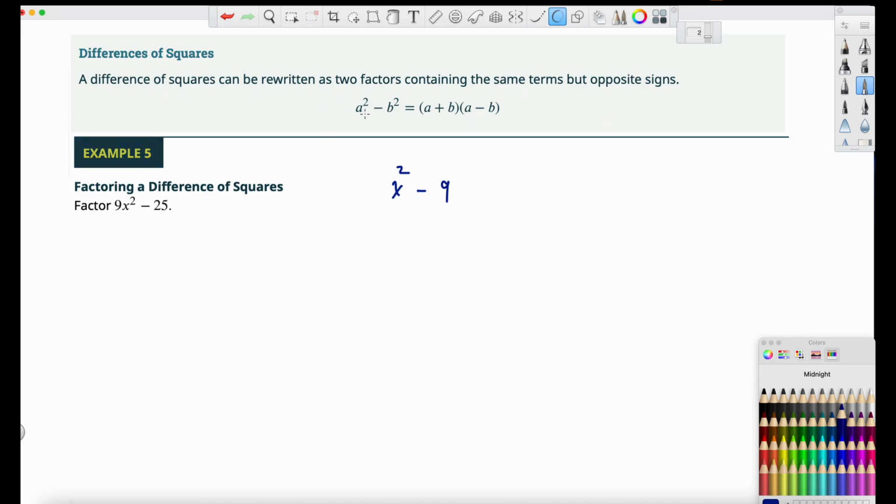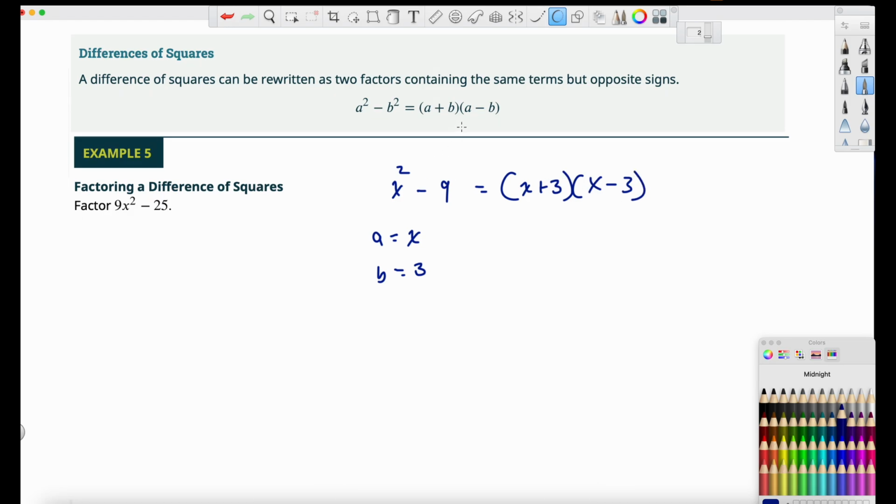Well, a is going to be the square root of the first term, which is x, and b is the square root of the second term, which is 3, and then my factoring is just going to be x plus 3 times x minus 3.